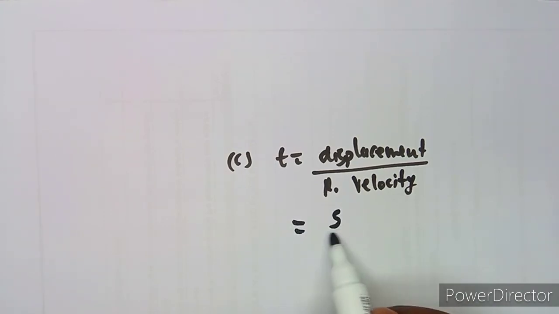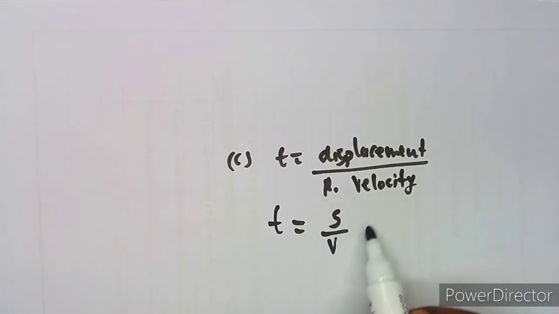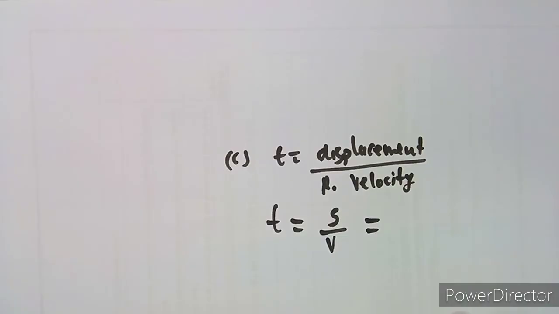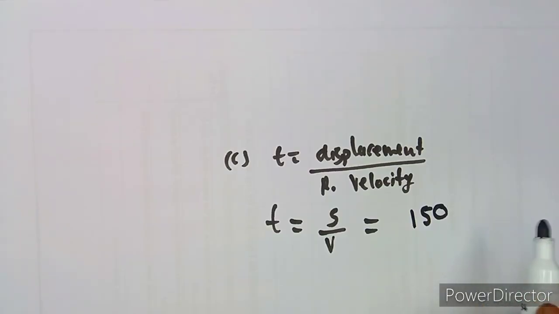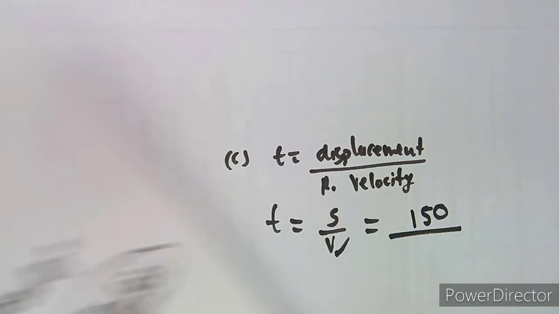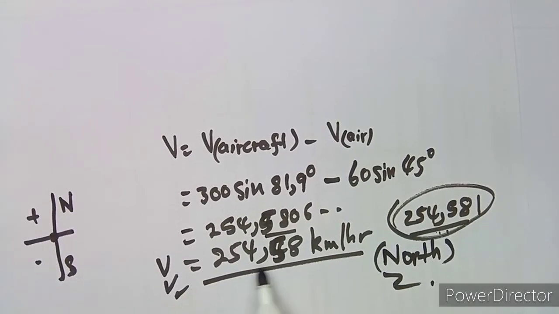Okay, so time is simply S over V. The displacement that we were given there was 150 kilometers over the velocity, which is the one that we just obtained now, which is 254.858.